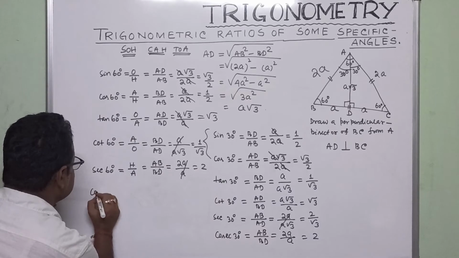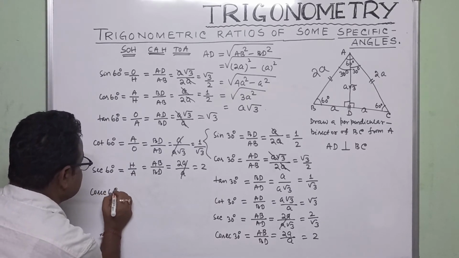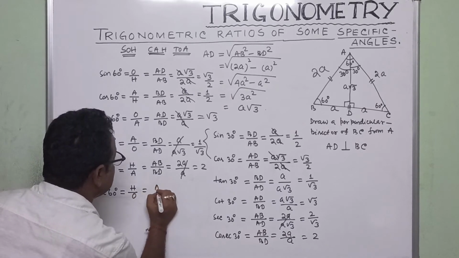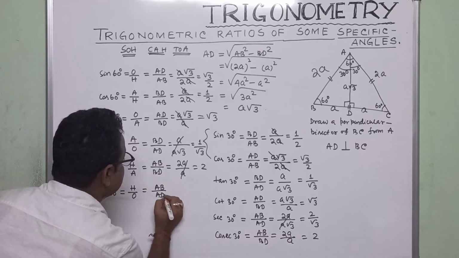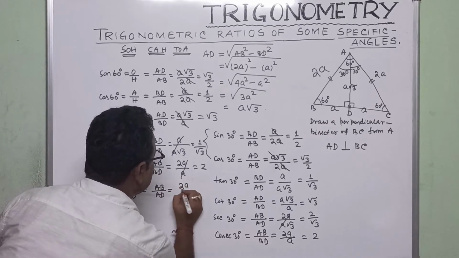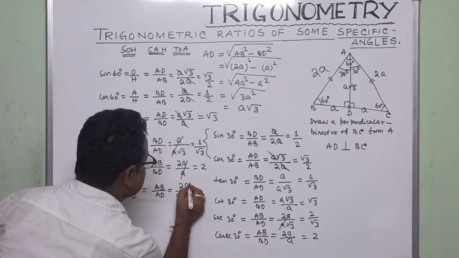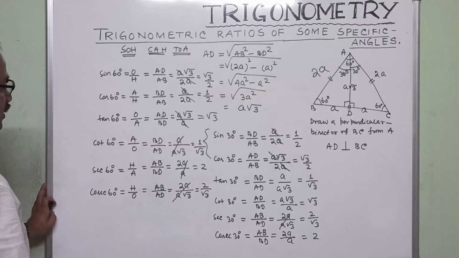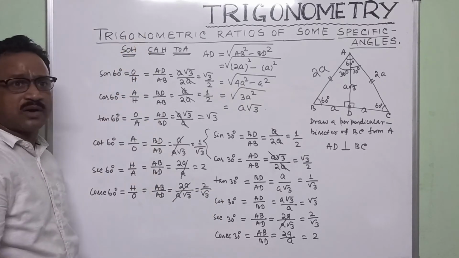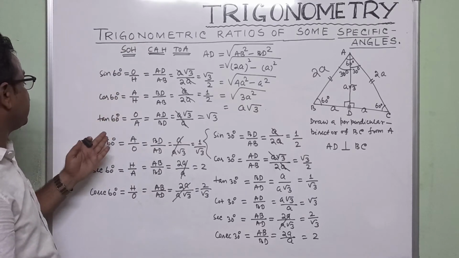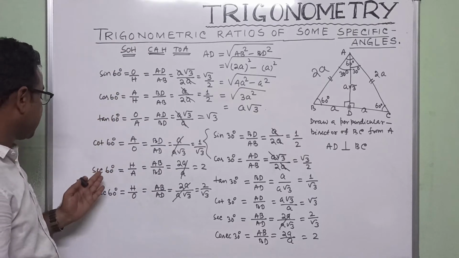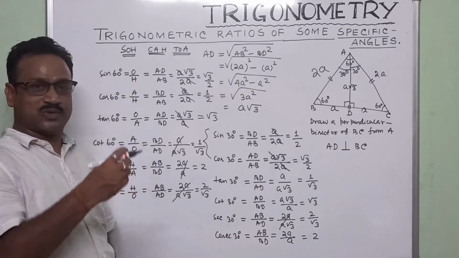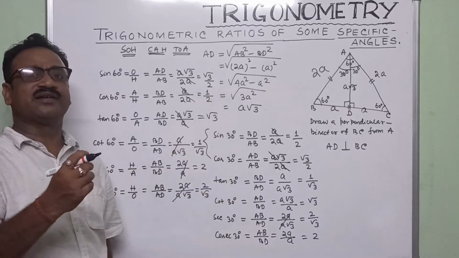Now cosec 60 degree is equal to H by O is equal to AB by AD is equal to 2A by A root 3, A cancelled, so 2 by root 3. So these are the values of sin 60, cos 60, tan 60, cot 60, sec 60, cosec 60. Now we will find out the values of 0 and 90.